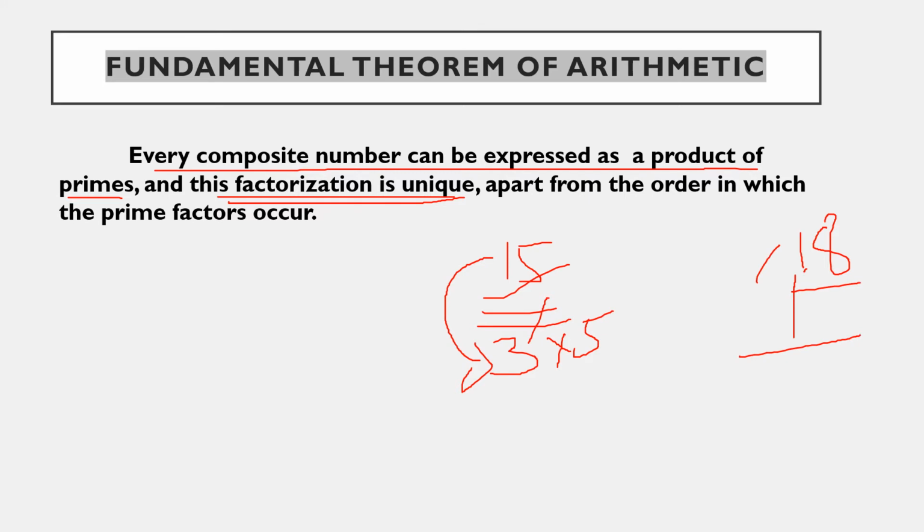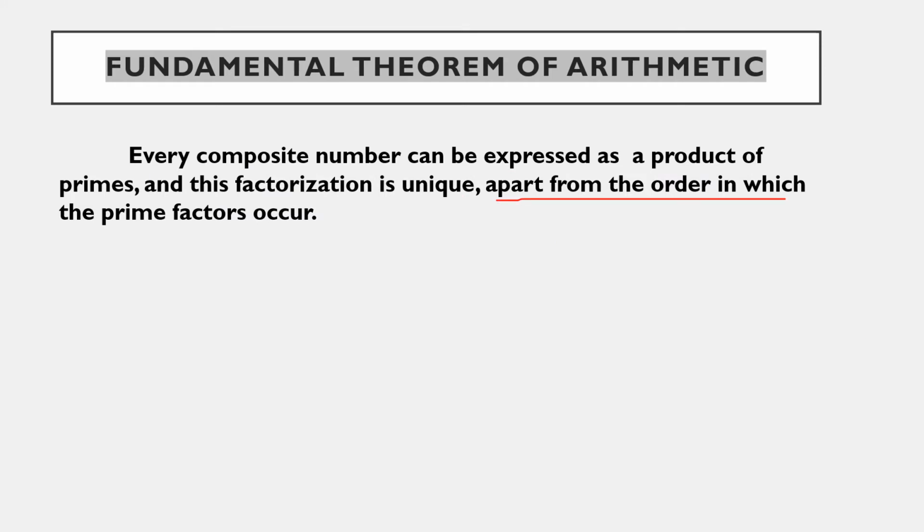Every number has its own product of primes apart from the order in which the prime factors occur. So here I can write 15 as 3 into 5, and also I can write 5 into 3. I can write in this way also, 15 as 3 into 5 as well as 5 into 3, right?